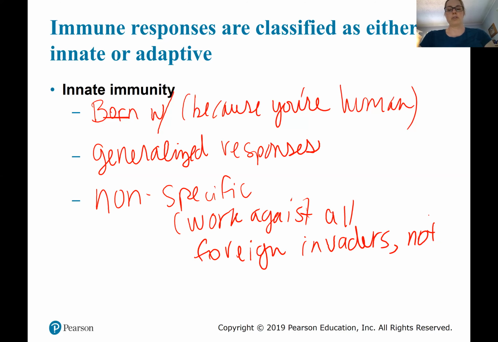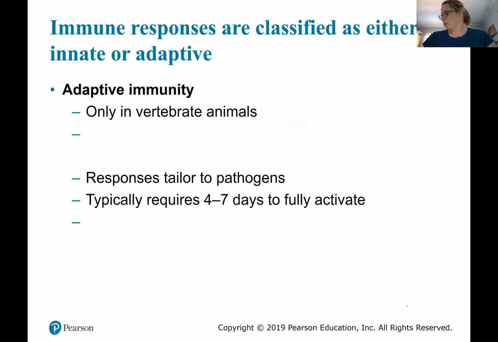It does not try to identify specific invaders or specific pathogens. It's not going to say, "Ooh, you're E. coli O157:H7, I recognize you, I'm going to keep you out." It says basically that you're foreign. I don't care who you are, you're not coming in. Whereas adaptive immunity would look specifically for different types of antigens or pathogens. Adaptive immunity is something that's only found in vertebrate animals, and it matures over time.